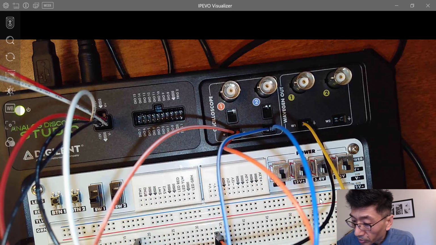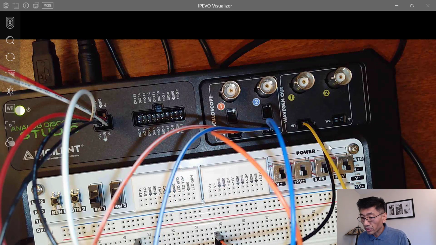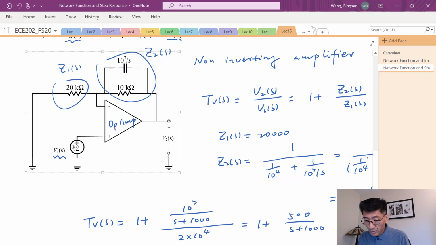We are supplying the voltage at the non-inverting terminal, so I'm measuring using channel 2 the input here at the non-inverting terminal.